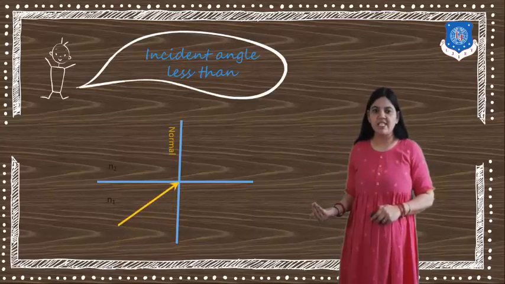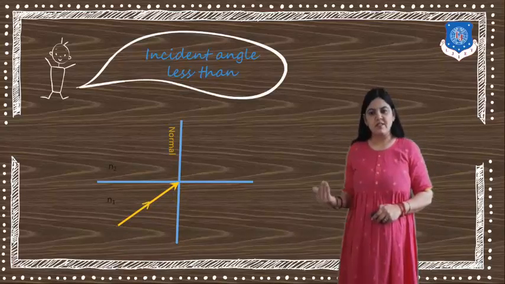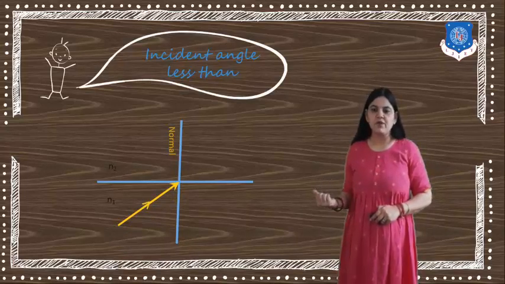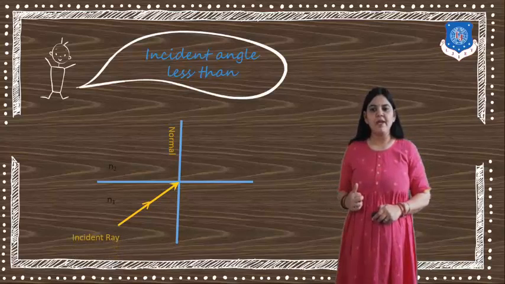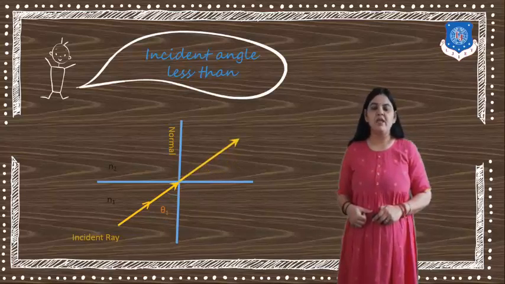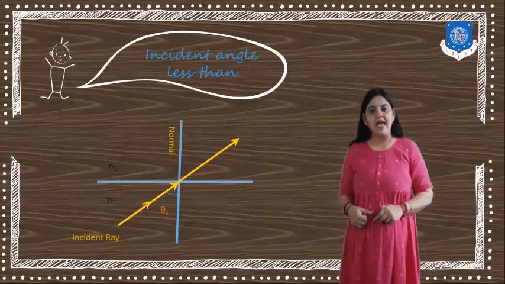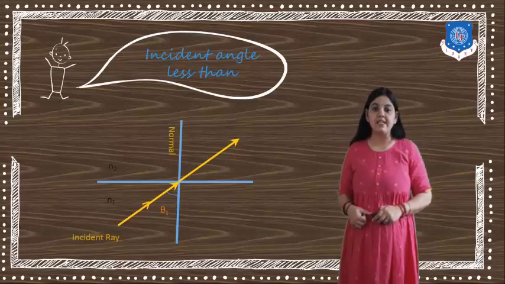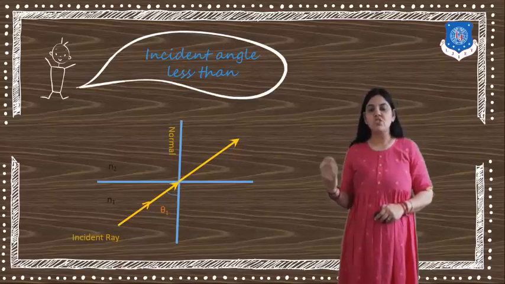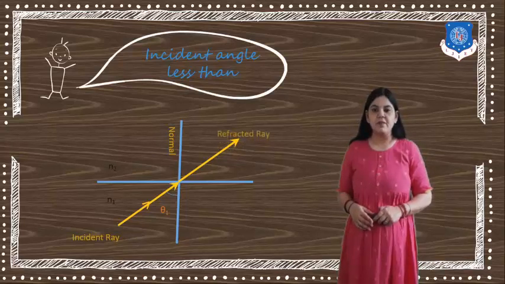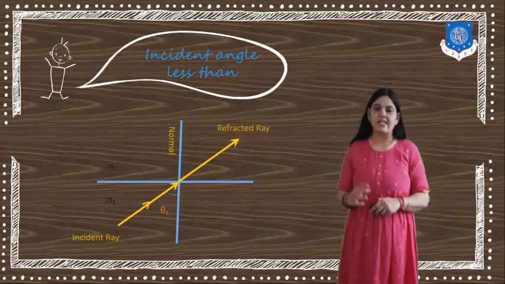Now the light ray passes from the N1 medium, and this is my incident ray. When it passes from one medium to another medium, the light ray bends and goes into the other medium. So it is the refracted ray.